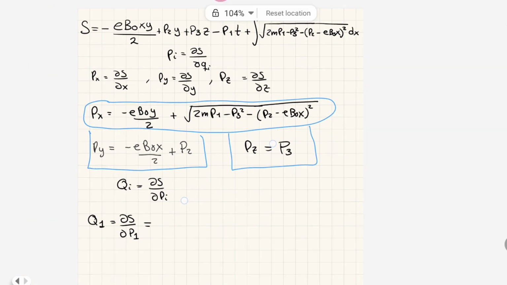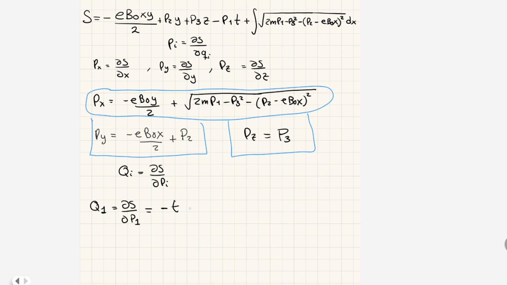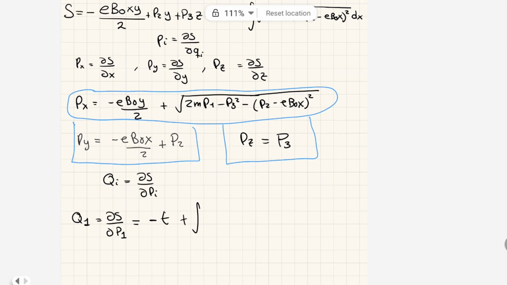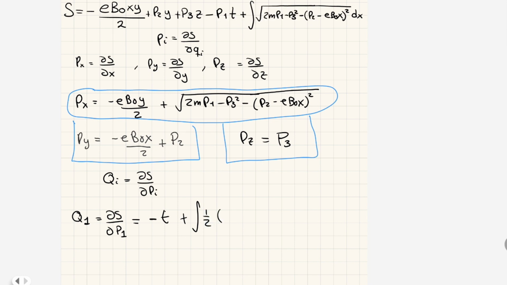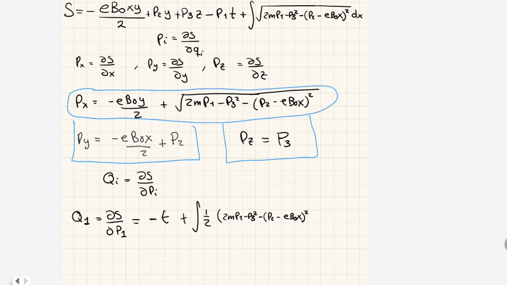For the first element it is very easy. We will get just a minus t, right? And then here we are going to take the integral of the derivative. I'm going to switch the order of the operators to take first the integral and then the derivative of what is inside here. And recall that it is a derivative with respect to p_1. If we take the derivative in one step, we will get 1/2, and then this element over here is raised to the negative 1/2.